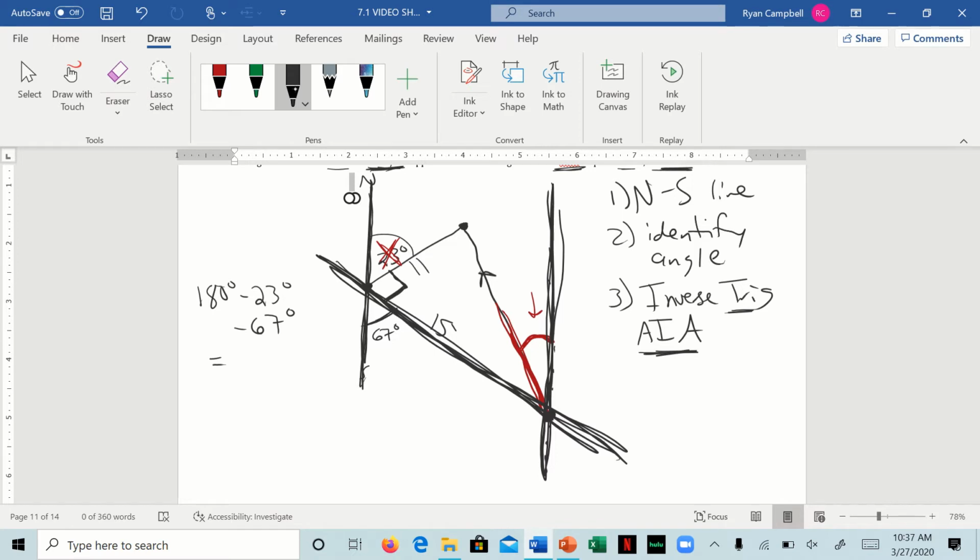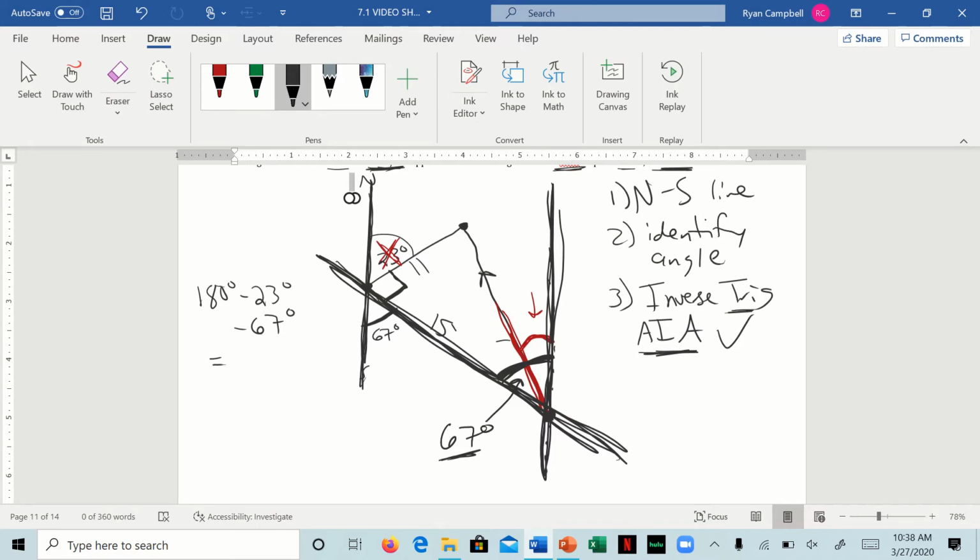And from this transversal to the line, that's going to be our 67 degrees. So from the transversal to the line, this whole thing is 67 degrees by our alternating interior angles, which is good, right? So now, how can we figure out what this little angle is?